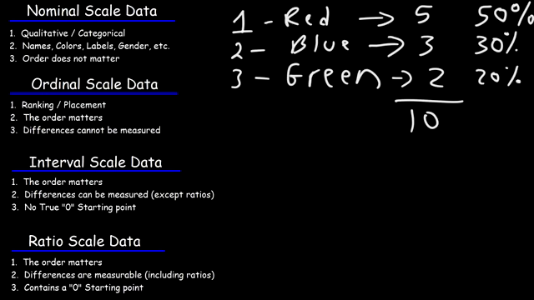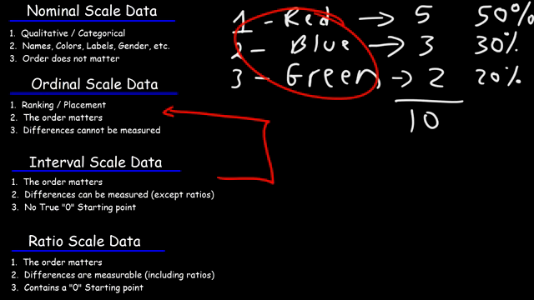So that's one way in which we could use this form of data in calculation. But the individual colors themselves, red, blue, and green, can't be used in calculation on their own merit, since it's a qualitative form of data. Now make sure you understand this. For nominal scale data, the order doesn't matter. But as you can see, for the other types of data, the order does matter.